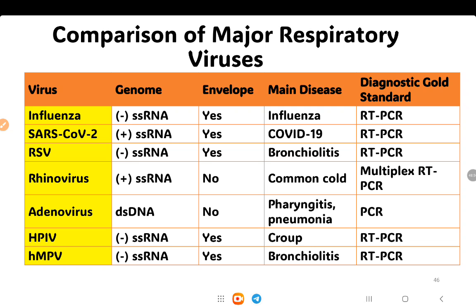For most respiratory viruses, PCR is the gold standard because it provides high sensitivity and specificity for the diagnosis. Remember, symptoms alone cannot be used to identify the virus, and laboratory testing is essential for accurate diagnosis, proper patient management, and infection control.